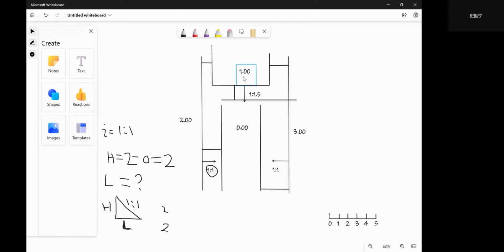The elevation is 1. So we can join them together and get a cross point. And these three points, this one, this one, this one, are at the same elevation. The width is 0.